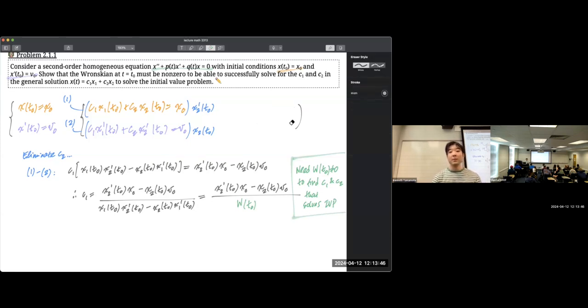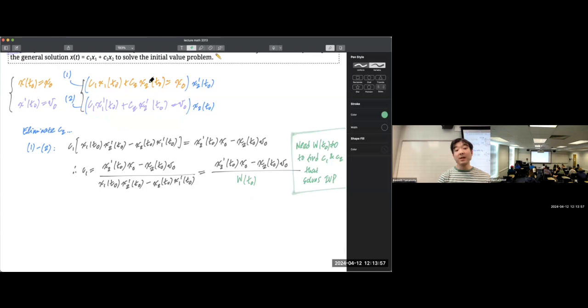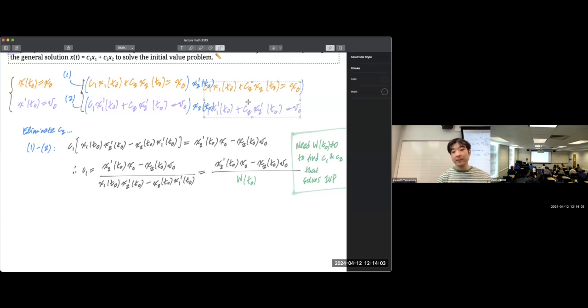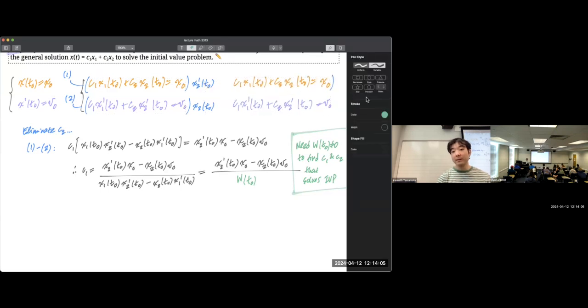You could do something similar to find C2, basically elimination. I'll copy this set of equations. What you could do is say, why don't I try to eliminate C1 instead?